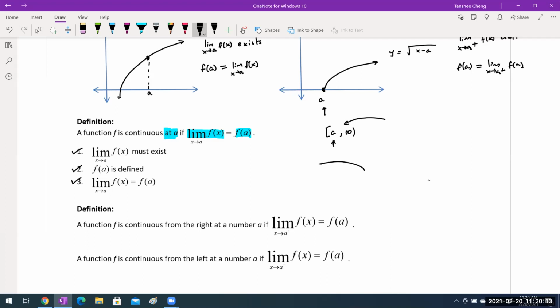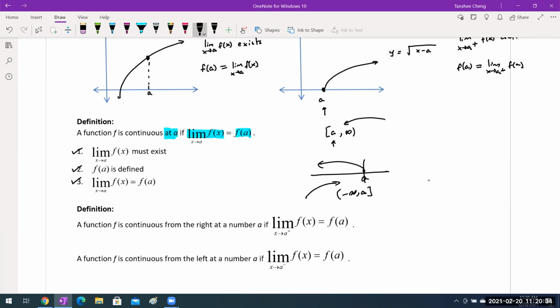If the graph is something like this, and let's say my a is right here, in this case the interval is negative infinity to a. But now to talk about the right endpoint of the interval being continuous, we need to use left-side continuity.